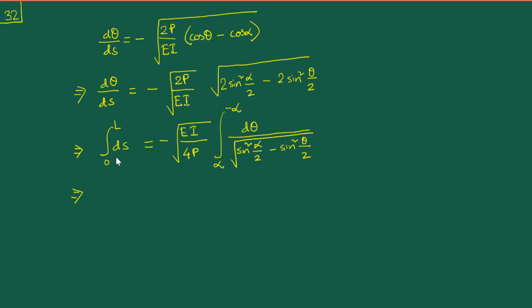You have to write it corresponding to the limits of s that we have put here. So when s is equal to 0, you have theta equal to alpha, and when s equals L, theta is equal to minus alpha.